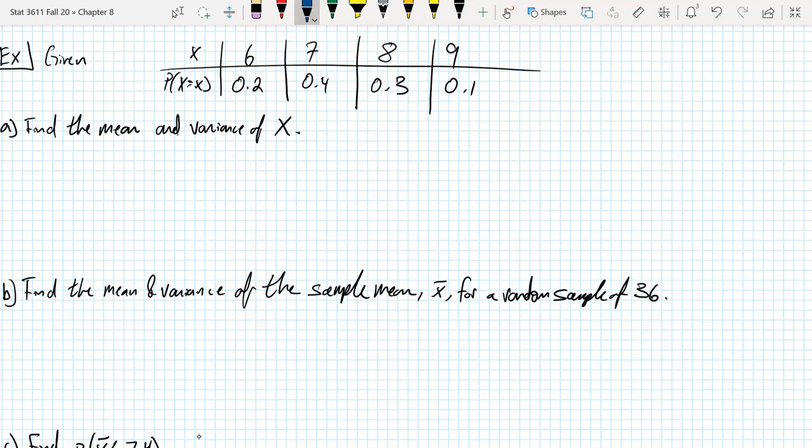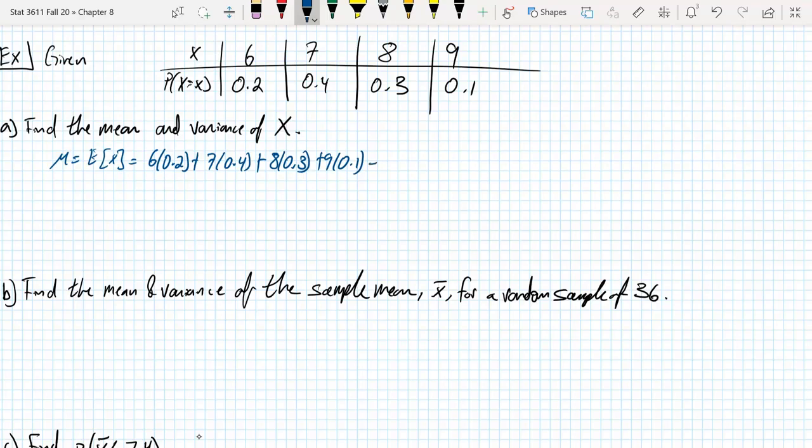All right, so this is just an ordinary discrete probability distribution. Let's go ahead and find the mean of our random variable x. So the mean of x here, or mu, remember that's just the expected value of x. This is in the discrete case, so this is going to be equal to 6 times 0.2 plus 7 times 0.4 plus 8 times 0.3 plus 9 times 0.1.